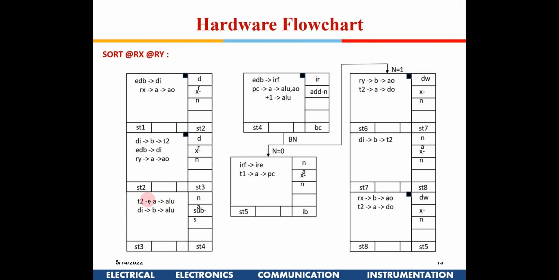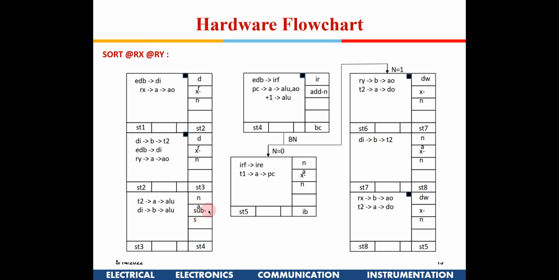Now I am going to compare these two, so I will do a subtract operation. T2 I am getting to the ALU, and DI I am also getting into the ALU, and I am doing a subtract operation, right? Also I am putting a dash, so this S has come. In all these cases this is X dash N, so this N has to be here, and this S has to be here.